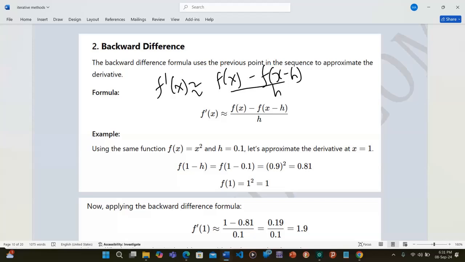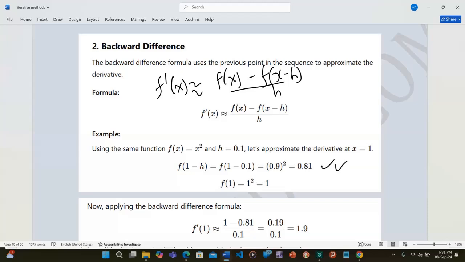And 1 minus h is 1 minus 0.1, which gives you 0.9. So we look for f of 0.9, and f of 0.9 is equal to 0.9 squared, because in the place of x we have 0.9. Remember, it is squared, so we get 0.81. That is f of x minus h.